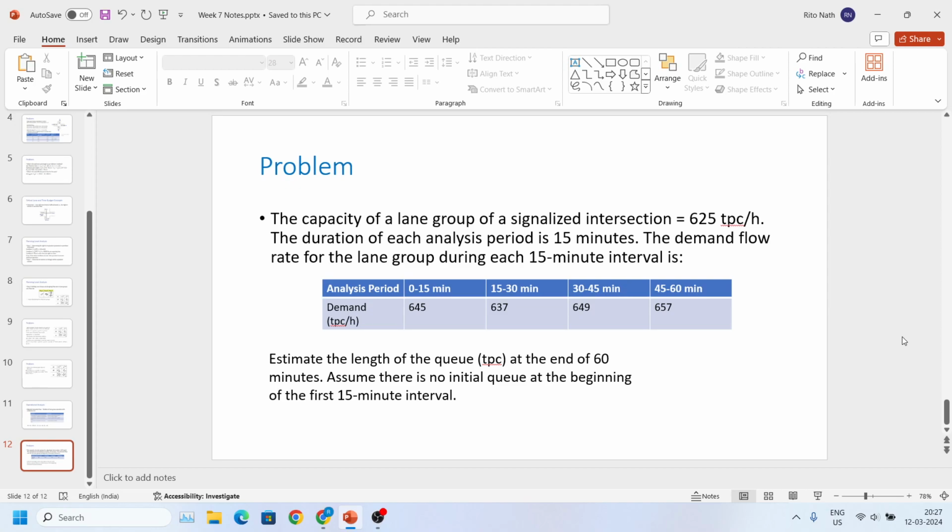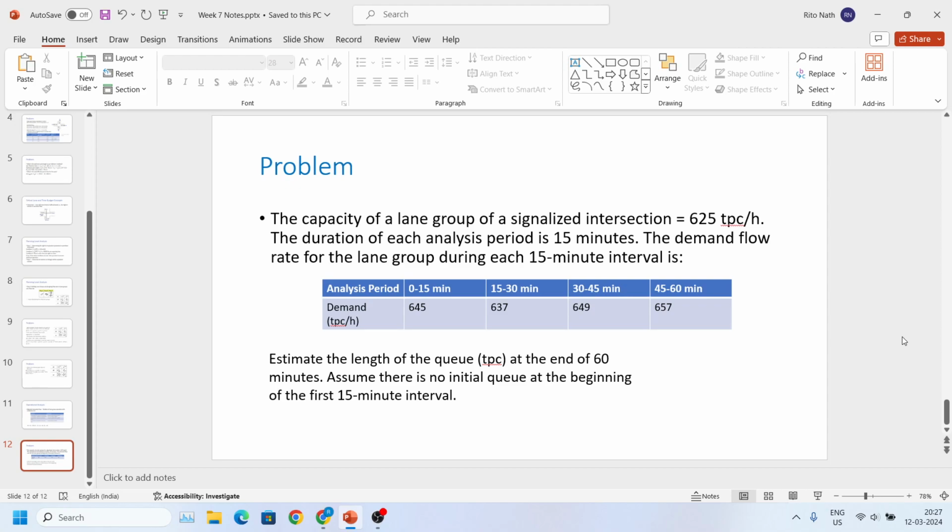So here you have 4 analysis periods, each spanning 15 minutes, and the demand is given. The capacity is also given for that signalized intersection.